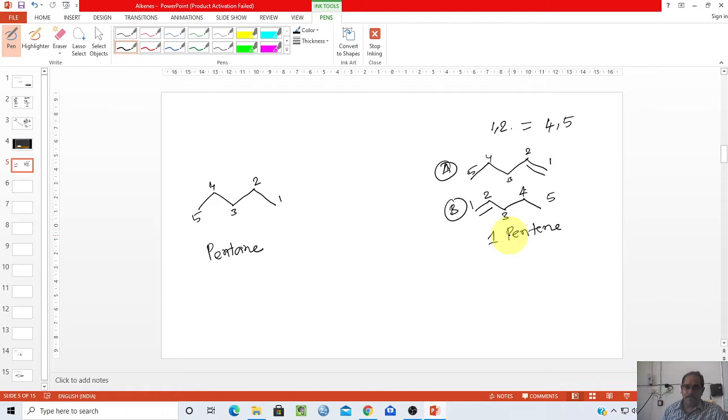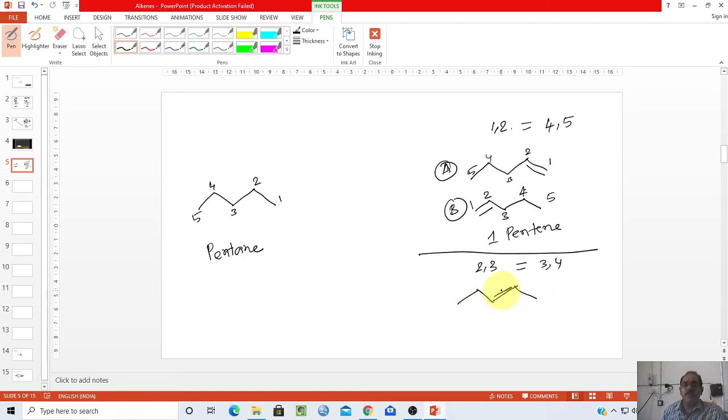Again, there is another possibility of removing the hydrogens. This is the first. The second can be that the hydrogens are removed from the second and third carbon, or from the third and fourth carbon. So there are two possibilities, but even so the compound is one and the same.